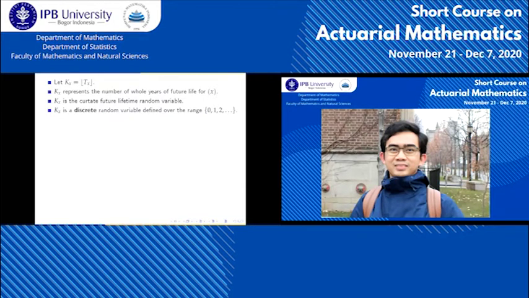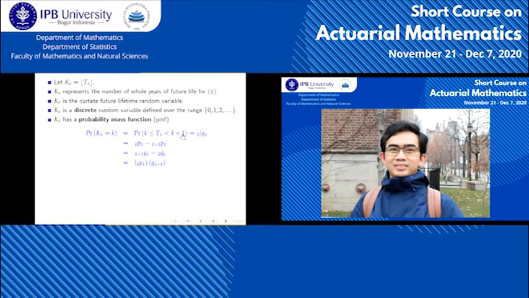Since Kx is a discrete random variable, we are interested in its probability mass function. The probability mass function of Kx is the probability of Kx being equal to k. We can use the relationship of Kx and Tx: the probability of Tx being larger than or equal to k and less than k plus 1.